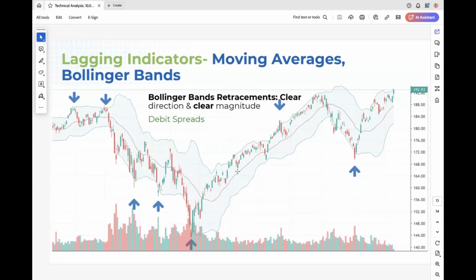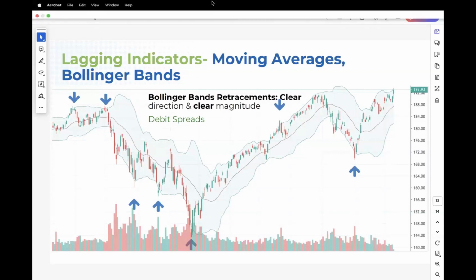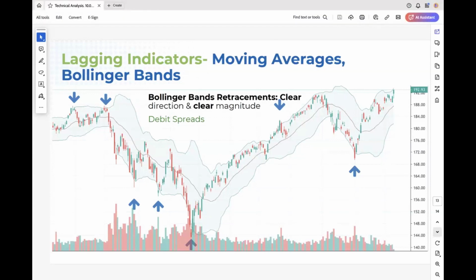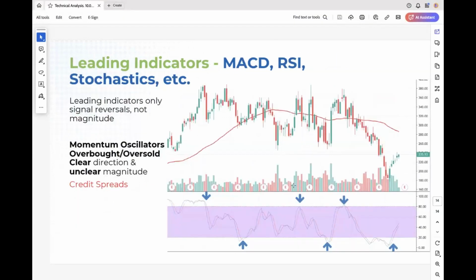But there are other indications of how you could then layer everything together utilizing these different types of indicators. Okay, moving on, MACD and RSI and stochastics. So these tend to be indications of trend reversals.